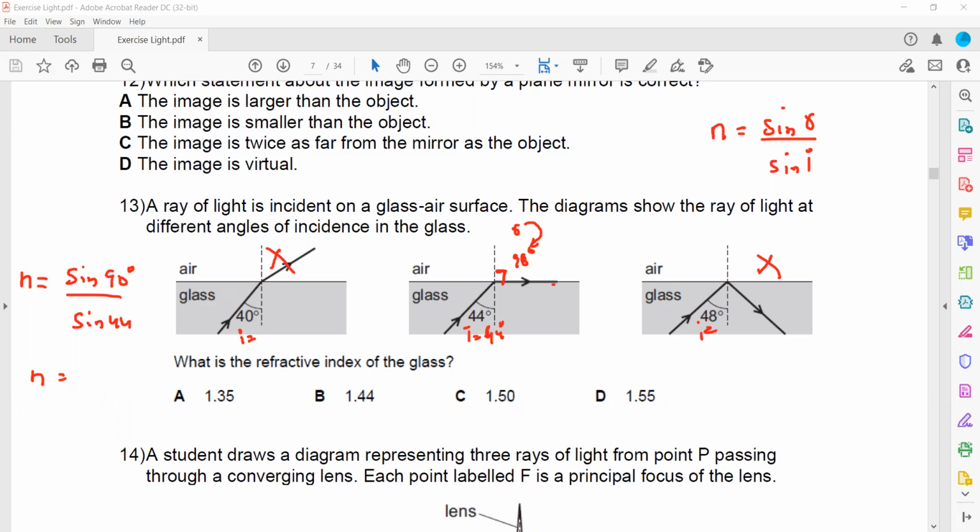So we will get 1.44, and refractive index is a ratio, it does not have any unit, so B will be the right answer. Is it clear how we use the figure to work out the refractive index as the light is traveling from glass to air, or high density medium to low density medium?